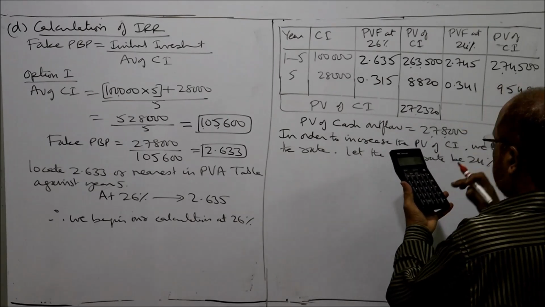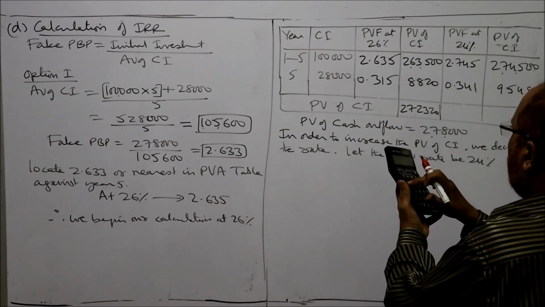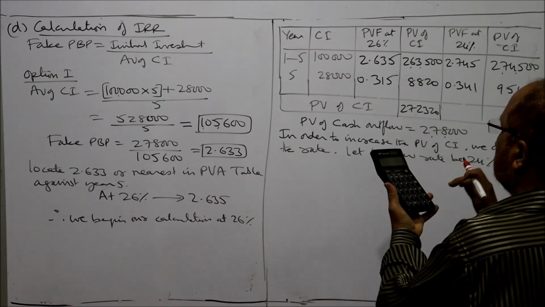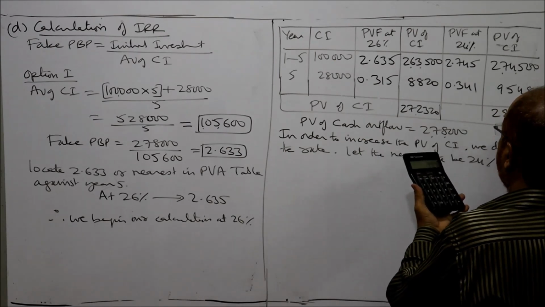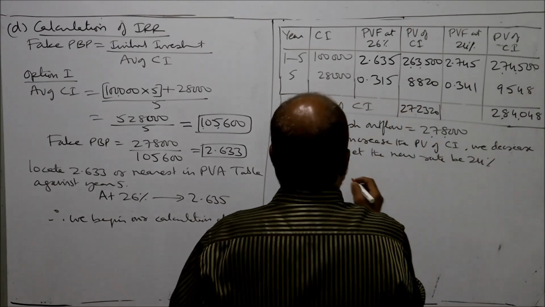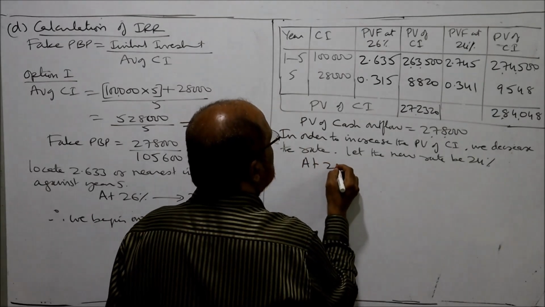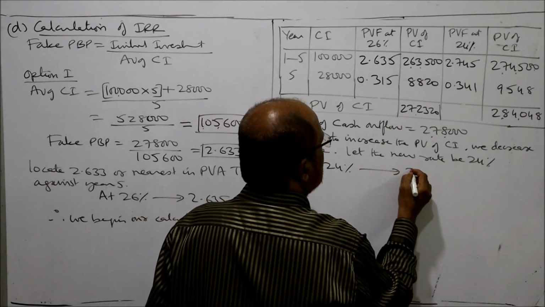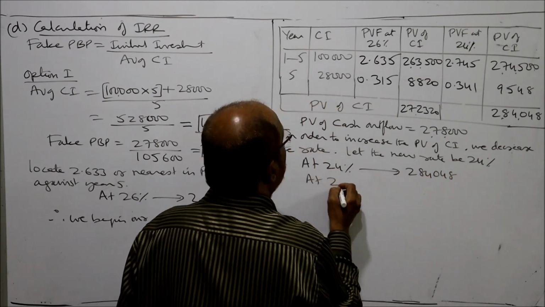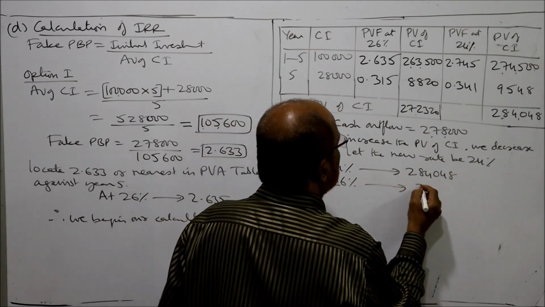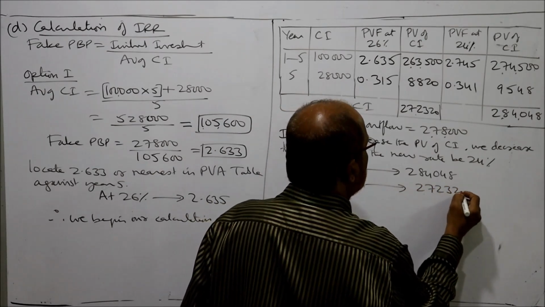9,548 plus 2,74,500 comes to 2,84,048. At 24%, 2,84,048. At 26%, 2,72,320.